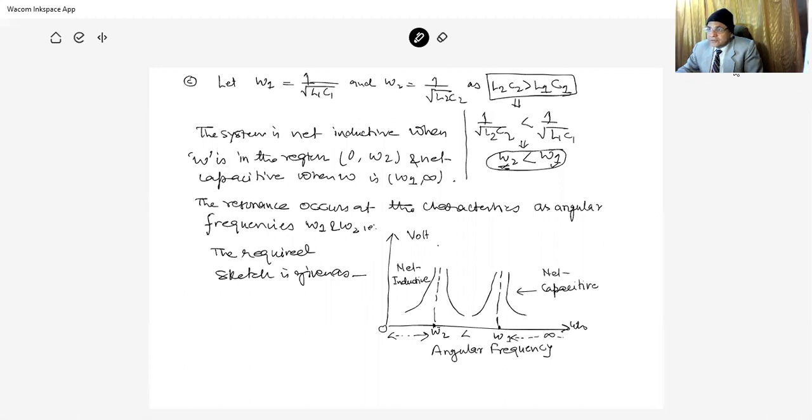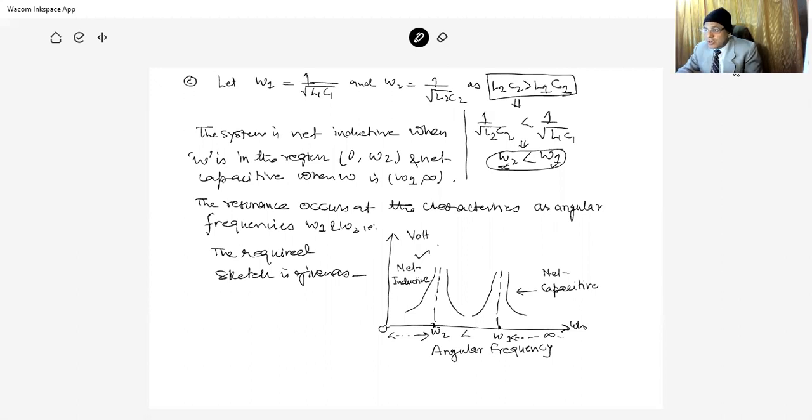omega 1. So the system is net inductive when omega is between 0 and omega 2, the low frequency region, and it is a net capacitive circuit when omega is from omega 1 to infinity.